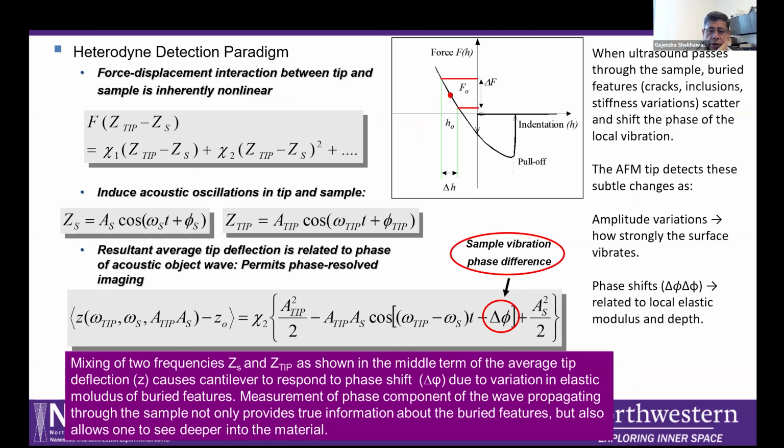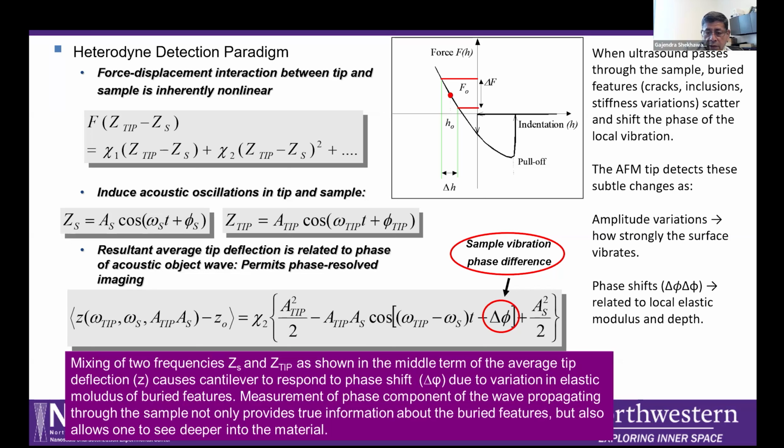So the middle equation shows how we launch the acoustic waves through the sample and through the probe, and then we mix them at the interface. The effective tip deflection, or average tip deflection, is proportional to the phase difference. Okay, and that phase difference basically gives the information about the subsurface imaging.